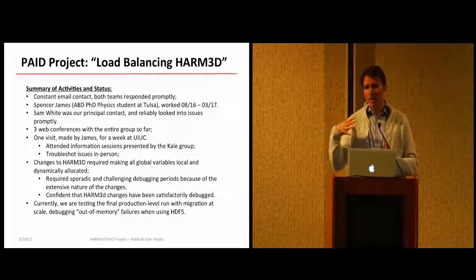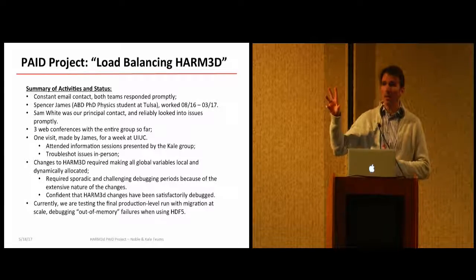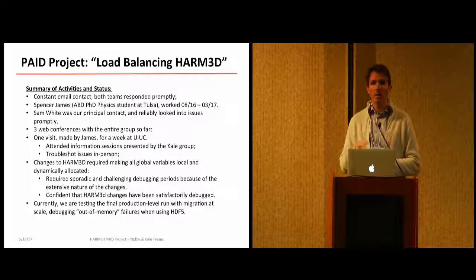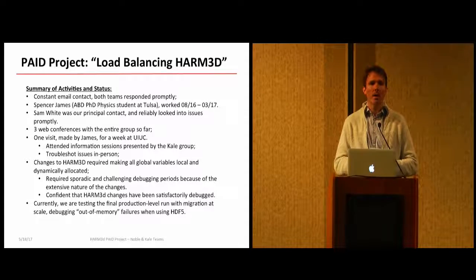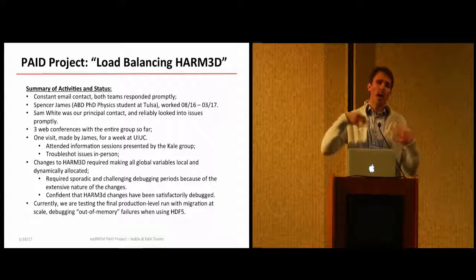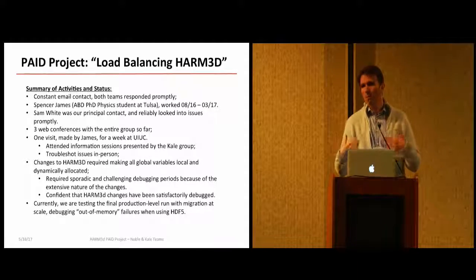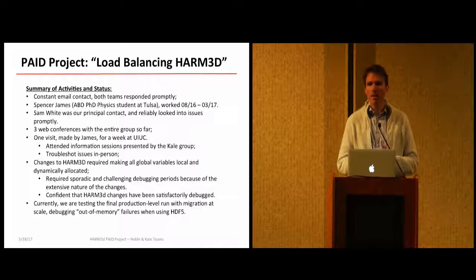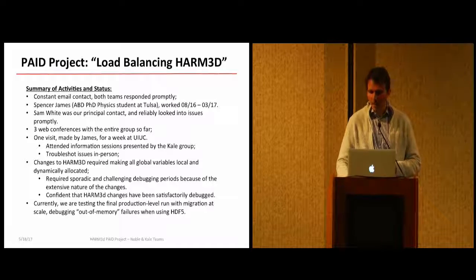Also, I think we're one of the first groups that used HDF5 with AMPI. That presented a number of issues, and pretty much we're dealing with this out-of-memory problem. When we deploy a production scale run with AMPI, when you write more than one HDF5 file, it exhausts the memory pool, and we're trying to figure out what's going on there.